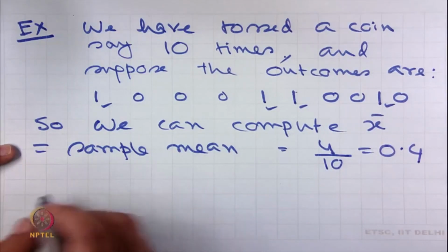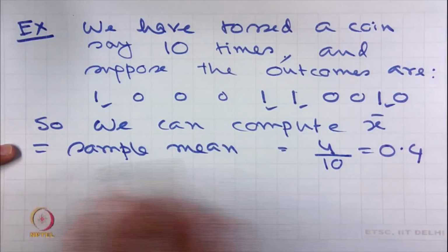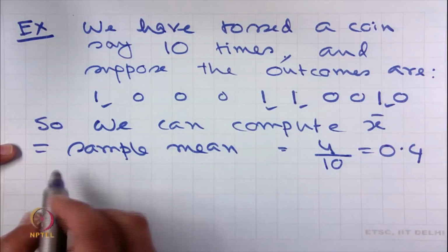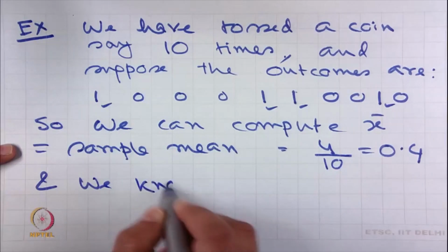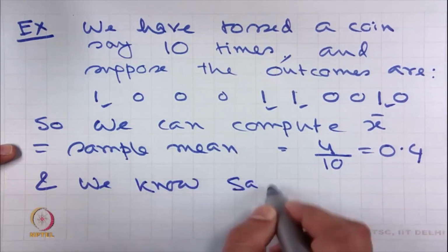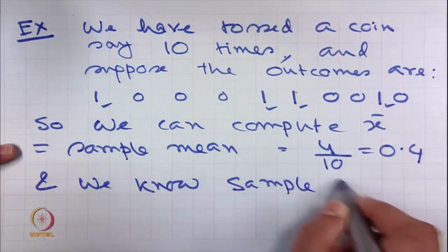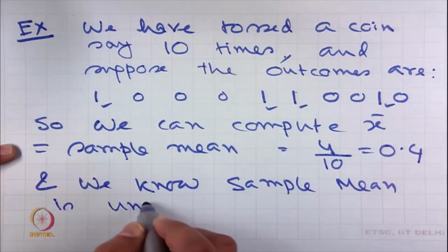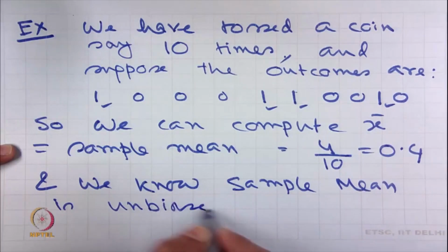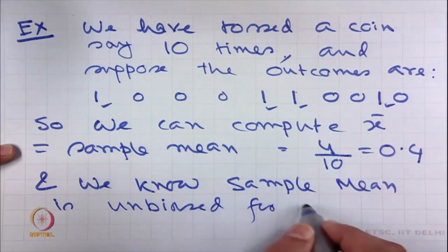And we know that the sample mean is an unbiased estimator for p.